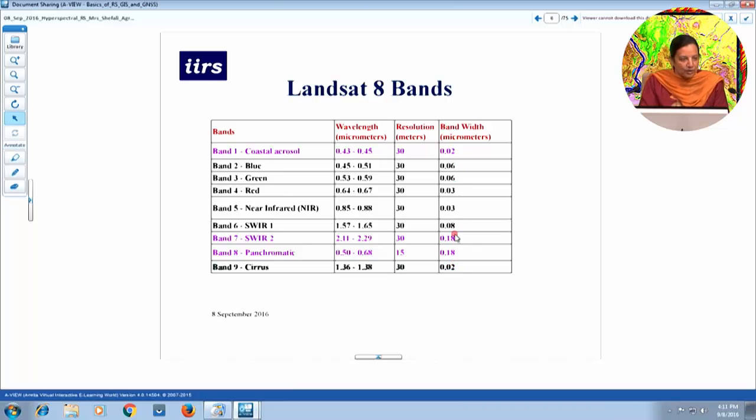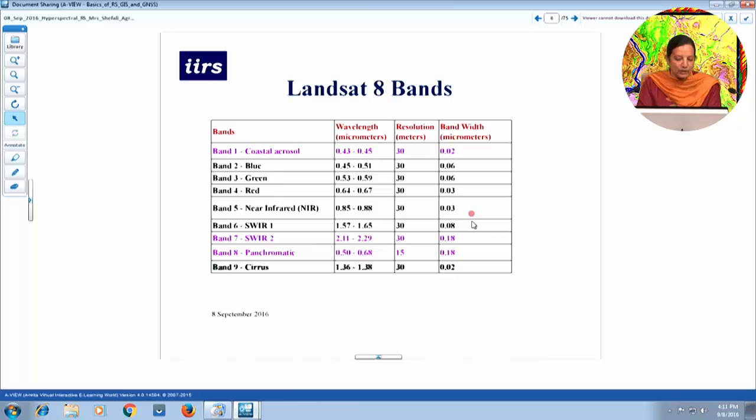If I convert it into nanometers, 0.18 would be 180 nanometers. That means my bandwidth is large, a coarser bandwidth. Whereas here my bandwidth is around 0.02, which would be 20 nanometers, a very small bandwidth in some of the wavelength parts.